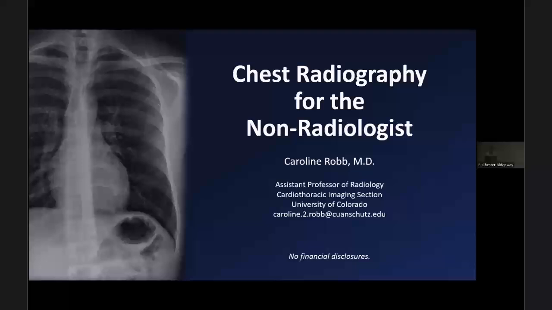So I've known Dr. Robb actually since medical school. She did undergrad and medical school at WashU in St. Louis, then stayed there for her residency at the Mallinckrodt Institute of Radiology, and then did fellowship in cardiothoracic radiology. Dr. Robb is truly an expert in this topic, is very involved with her professional society, the Radiological Society of North America, having won multiple educational awards there.